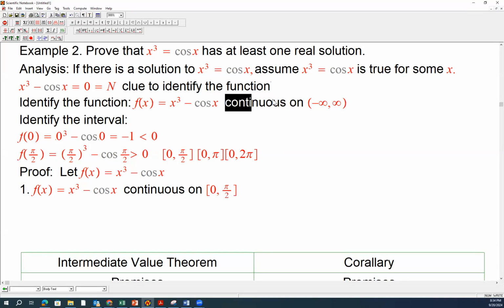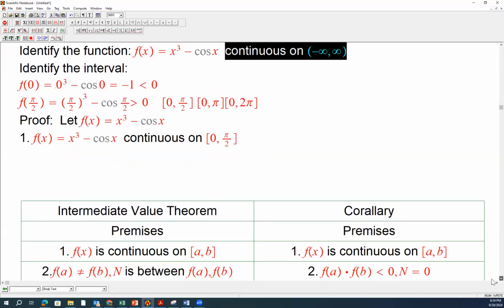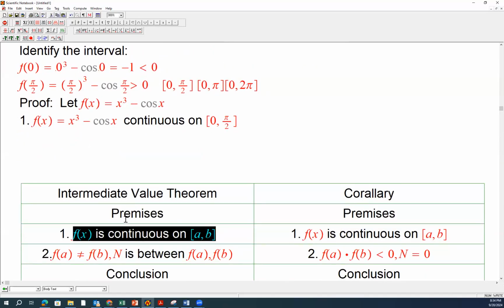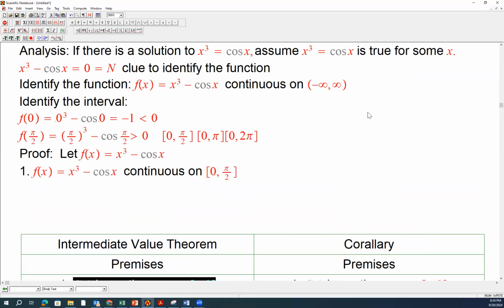Can you say it's continuous on negative infinity to positive infinity? If you do that, you're going to lose some points, because we do want the condition in the theorem to be matched explicitly. Yes, it is continuous on the entire number line, and of course it is continuous on the closed interval.